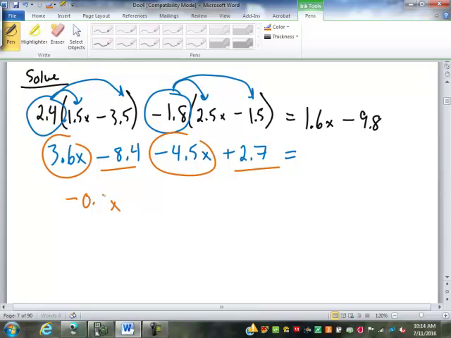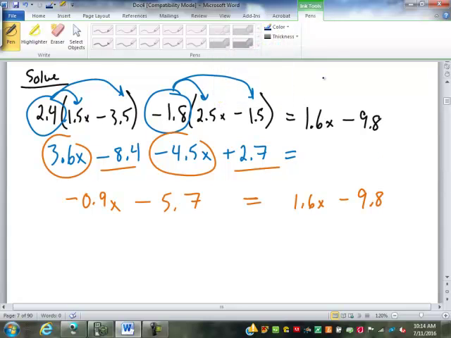I don't know where the 0.5 came from. Negative 0.9x, is that correct? Okay. Negative 8.4 and a positive 2.7 make negative 5.7. And that equals, on the other side, there's nothing to do, so that's 1.6x and minus 9.8.